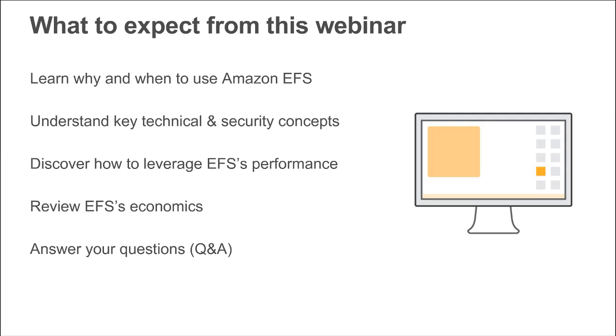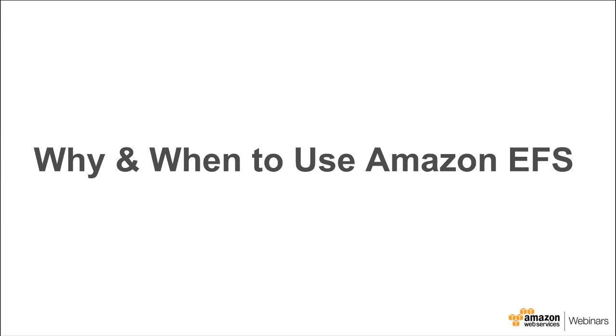We'll also do a deep dive on how to load data and move data as quickly as possible, and David Green is going to walk us through some examples of doing that as part of our performance discussion. And then we're going to review EFS's total cost of ownership and its economics, and I hopefully will help you put some of the economics into perspective if you're comparing EFS to other solutions. And then we will take your questions. So with that being said, we have a packed agenda, so let's get started.